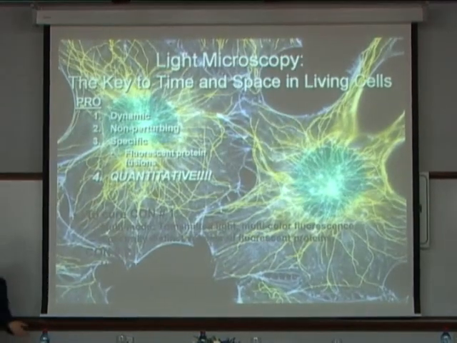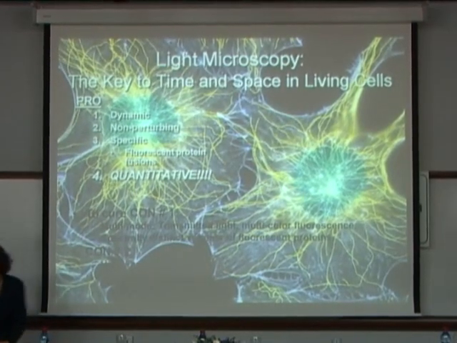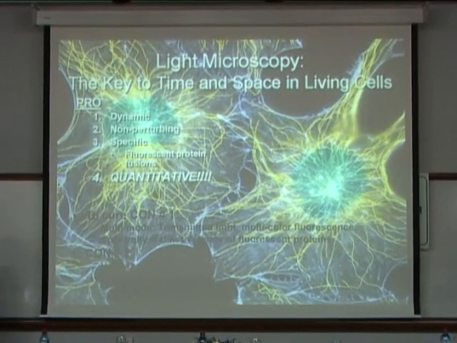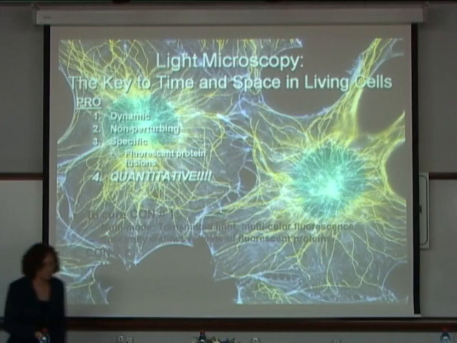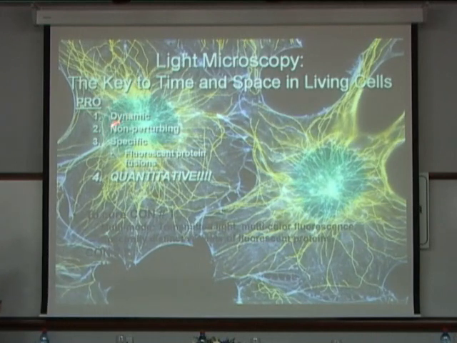So how do you study space and time in biology at the level of the cell? You use light microscopy. Light microscopy is the key to space and time in living cells. It is non-perturbing to the cells, so you can study live dynamic processes.